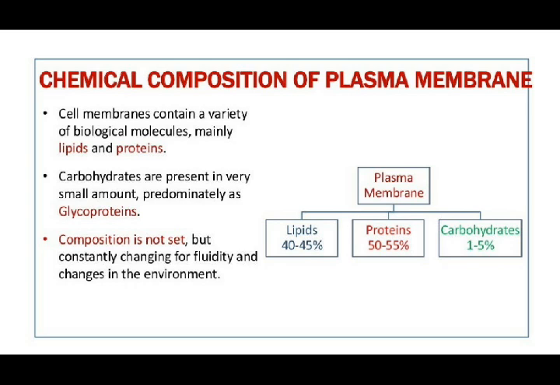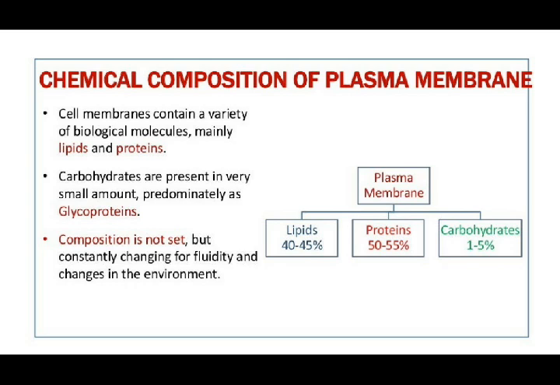Chemical composition of plasma membrane. The chemical composition contains a variety of biological molecules, mainly lipid and protein. Carbohydrates are present in very small amounts, predominantly as glycoprotein. The composition is not set, but the constituents change for fluidity and to suit their environment.